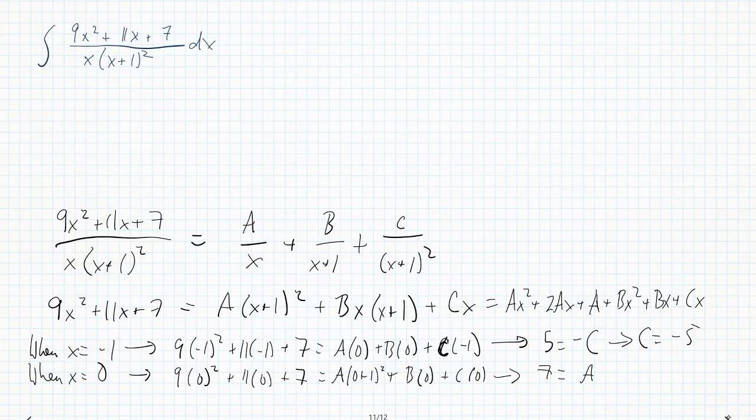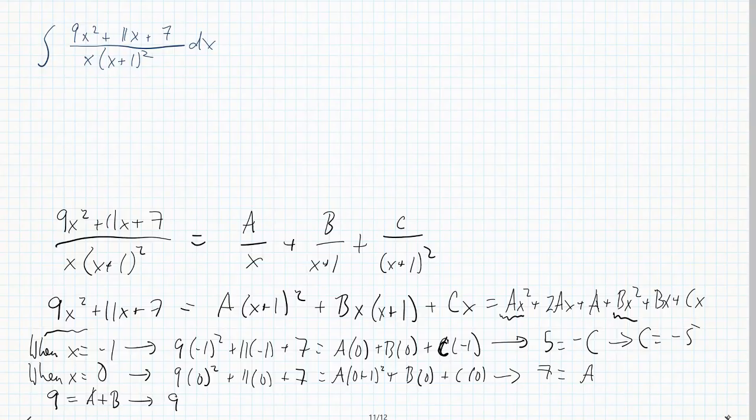Probably the simplest one for us to deal with is the x squared terms. You have an x squared term here, here, and here. So we can use 9, and since all of them have x squared, you can drop the x squared: 9 equals A plus B. We have A equals 7, so 9 equals 7 plus B, which means our B value is equal to 2.